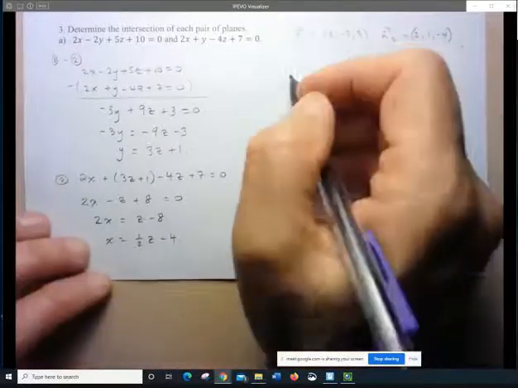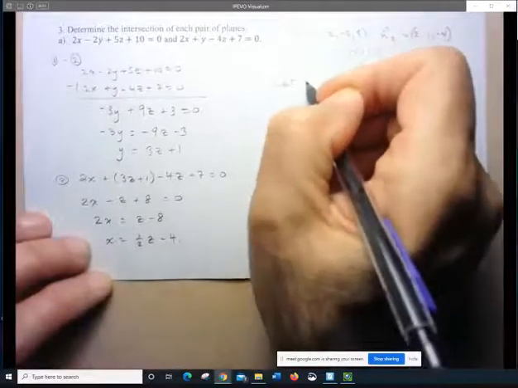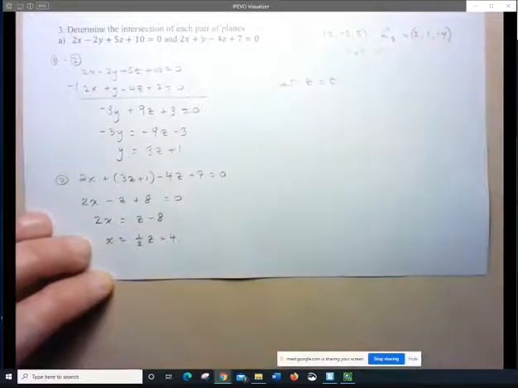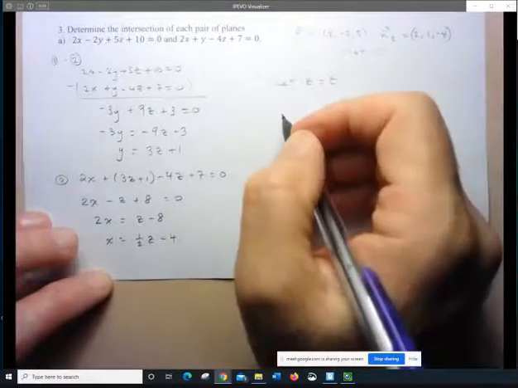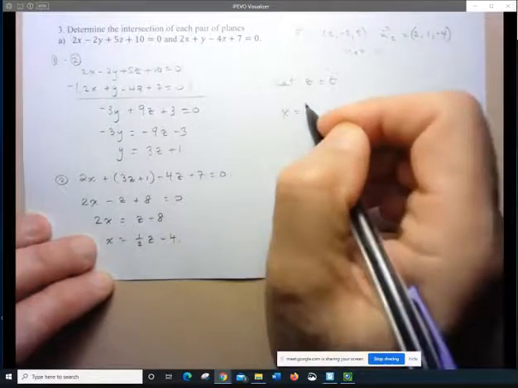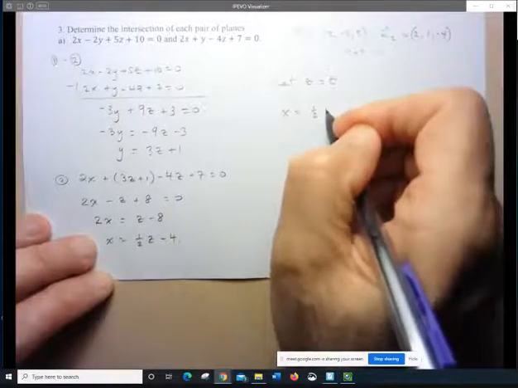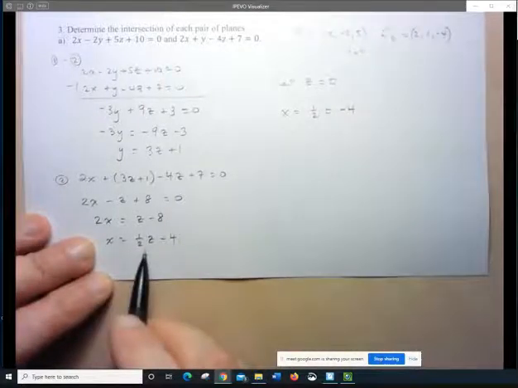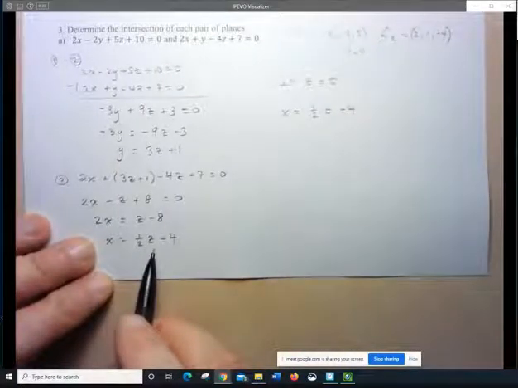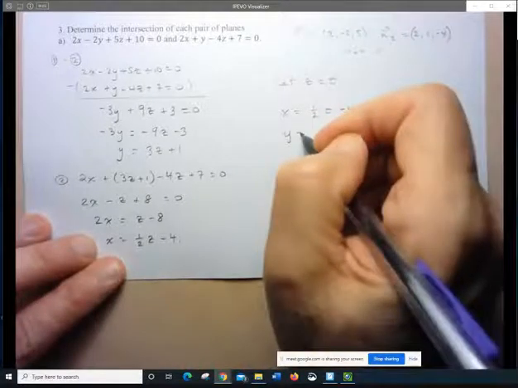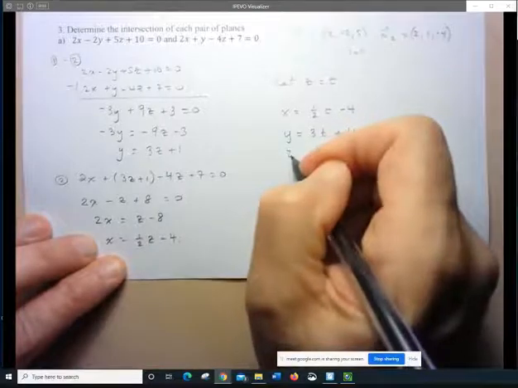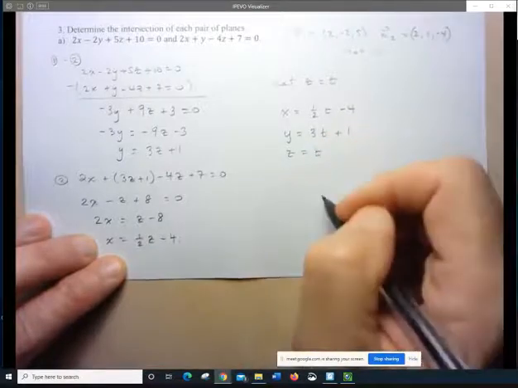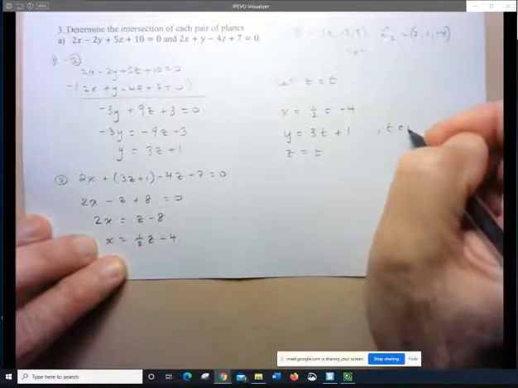So we just let z be equal to our parameter. Now I can write x is equal to 1/2 t minus 4, because I let z be equal to t. y can be written as 3t plus 1, and then z is equal to t. And I let t be any number I like.